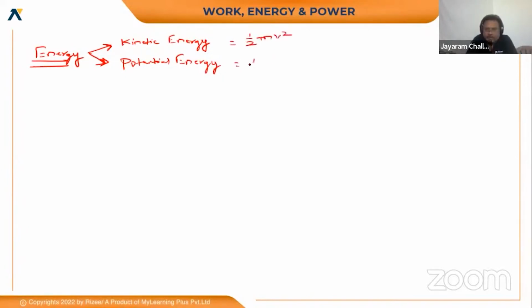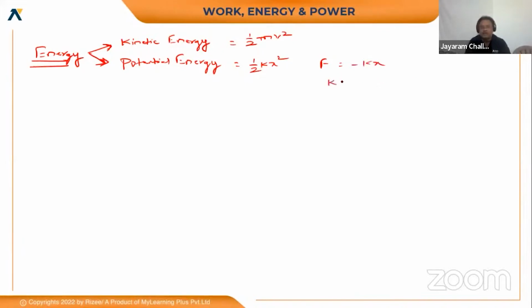But potential energy you can write as half kx square for compression or elongation, or in terms of a change in position. If F is equal to minus kx, the minus sign represents only the opposite direction.